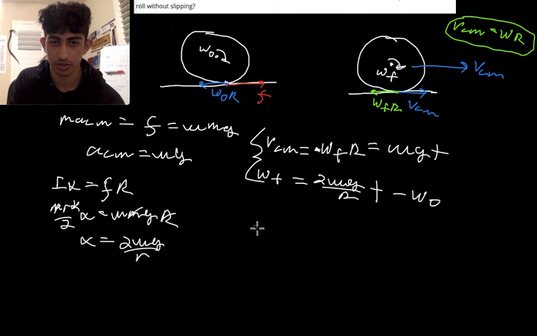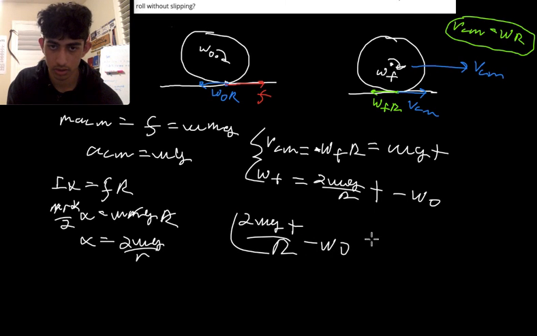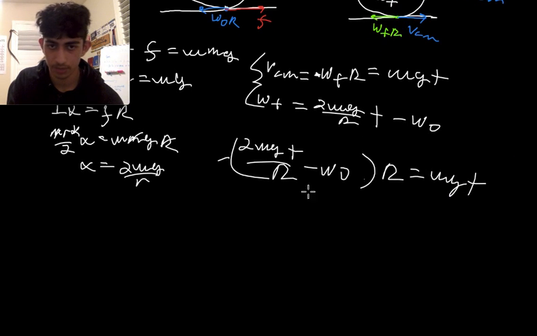so that's why we have that negative there. So then you just do some substitutioning, and you get 2 mu gt over r minus omega naught r equals mu gt.